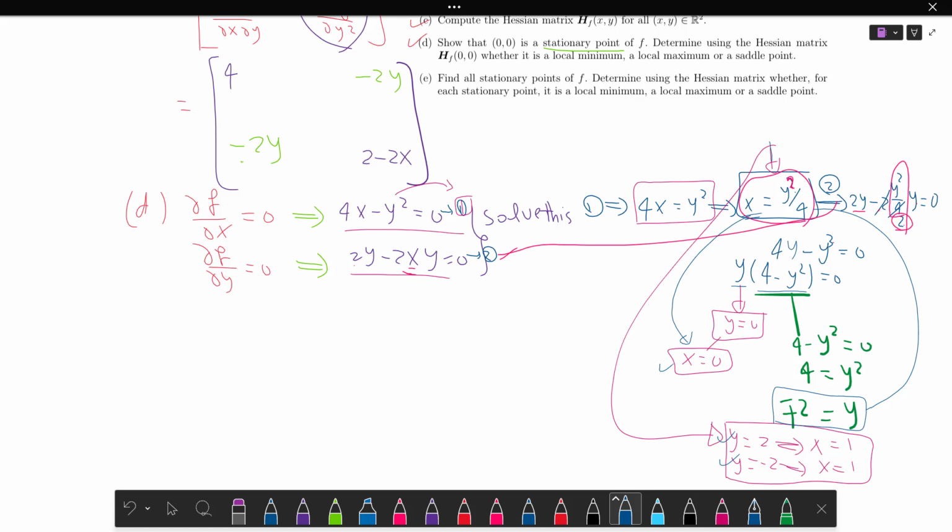Okay, the first thing I have to check is the Jacobian, right? What is the value of this one? Okay. At the point 0 and 0, let's go one by one, right? So where is the second derivative? You have it here. It is easy to get this one from here.